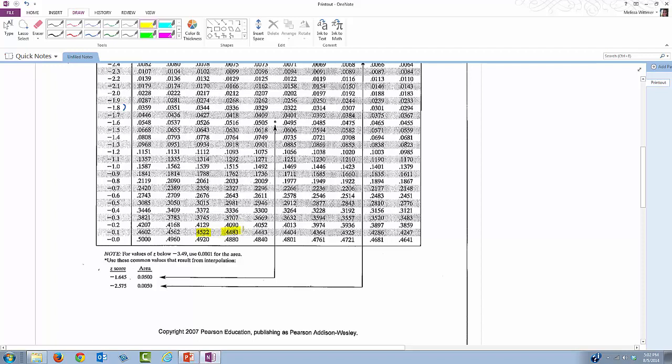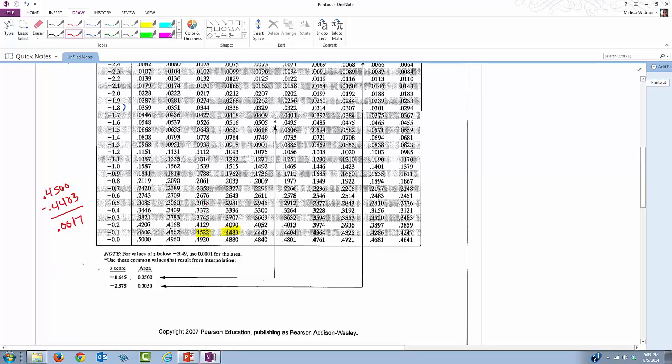Now I need to get the correct z, so I need to figure out which of these is going to be closest to 0.45. I'm going to take 0.4500 and subtract 0.4483 to figure out the distance. That gives me 0.0017.